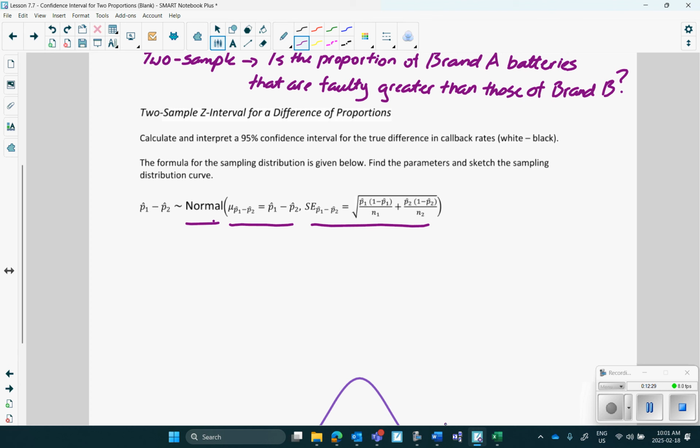In the original one, we just did p hat times 1 minus p hat divided by n. But because we have 2 proportions now, we have to find those of each and add them together before taking the square root. We don't subtract them, we add them. But if it's an experiment, we don't have to worry about meeting this condition because it'll already be met.